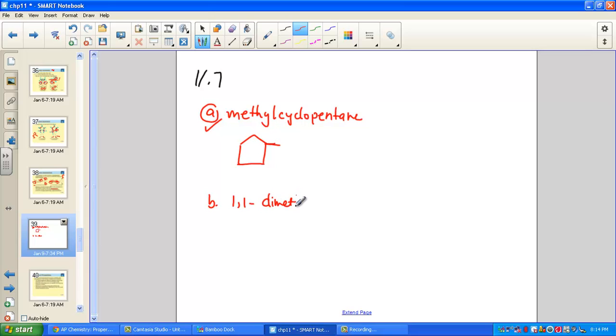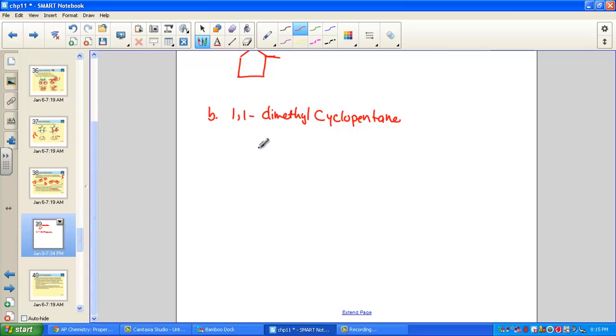1,1-dimethyl cyclopentane. Dimethyl cyclopentane, giving you a moment to write that. Let's draw that structure, cyclopentane.